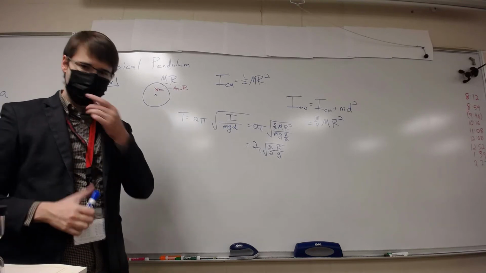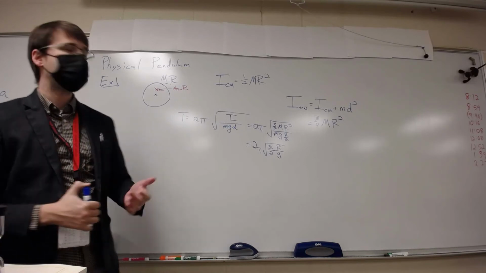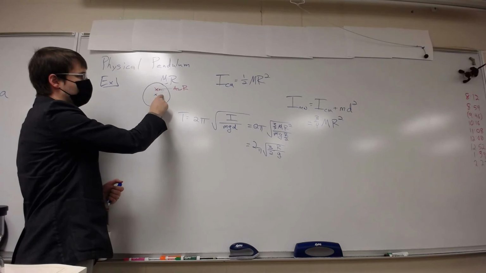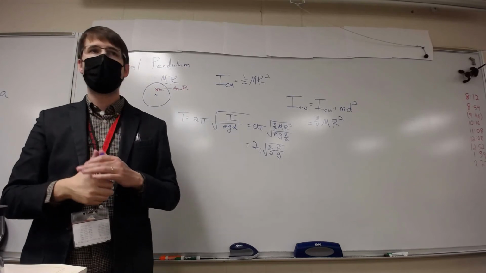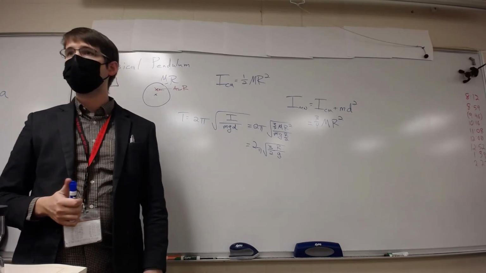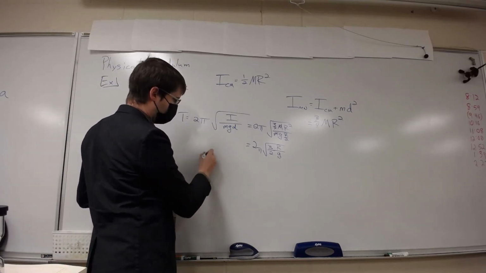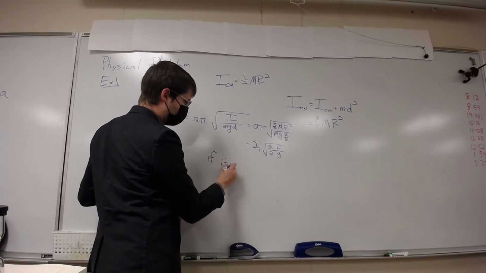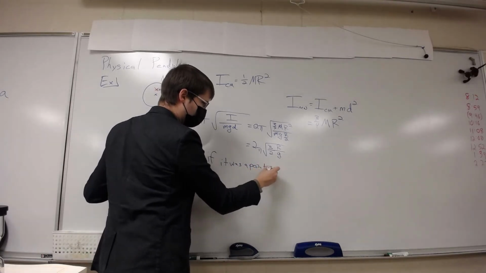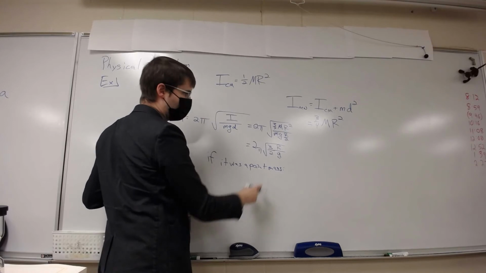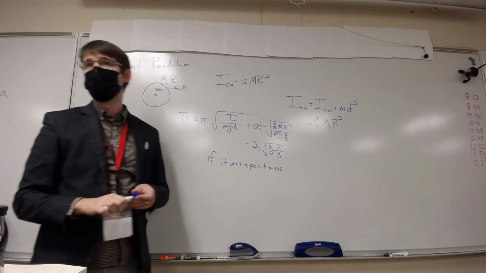Now, one thing that we might be curious about is how does this compare to if we just had a mass a distance of r/2 away, like a simple pendulum? So if we just treated it like it was a point mass on the end of a rope, how much different is it going to be in that case? Well, if it was a point mass, we would have just gotten 2 pi square root of L/g.